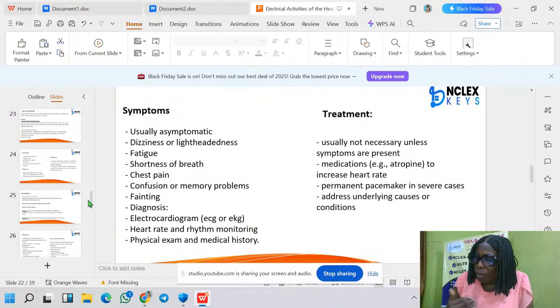Most of the time, what brings the patient with heart block to the hospital is because they have bradycardia. So you must be able to distinguish between normal sinus bradycardia and bradycardia of heart block. So don't see it like I'm stressing you, okay?